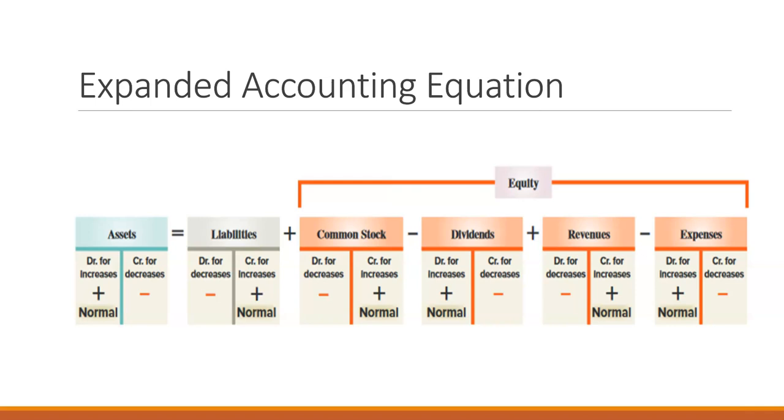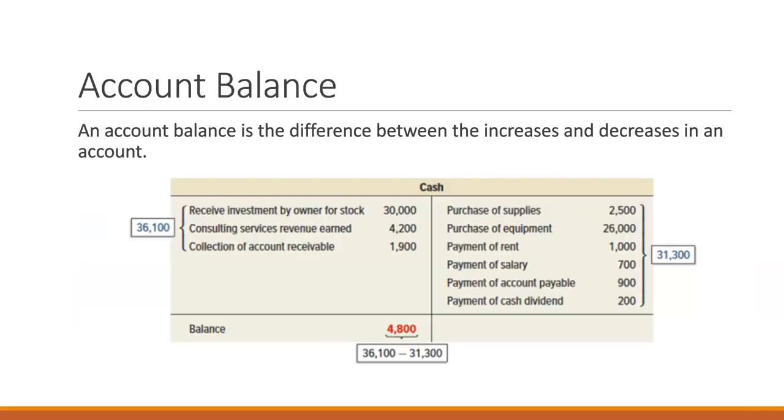So stock and revenues are normal on the credit side, but dividends and expenses are normal on the debit side. I would keep this slide, or the page in your textbook, handy for reference, because you're going to be looking back and forth on this for a while. It takes a while to get this down.